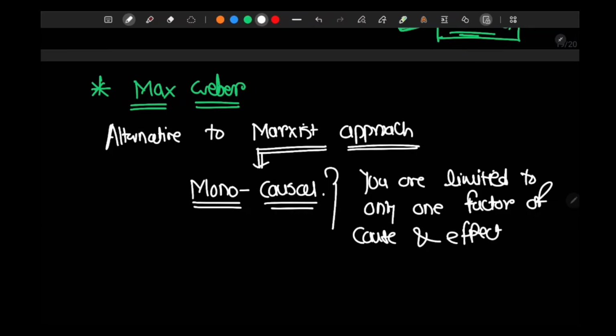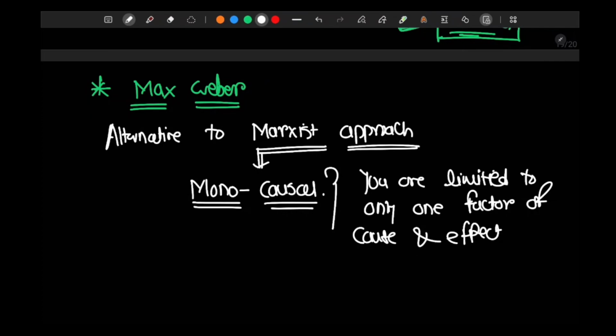We have seen the primary criticism of Marx when we understood Marx, and you must have understood this criticism of Marx by Karl Popper, right? Karl Popper says in his book, The Open Society and Its Enemies, that Karl Marx is an enemy of the open society because he is a foundational thinker.